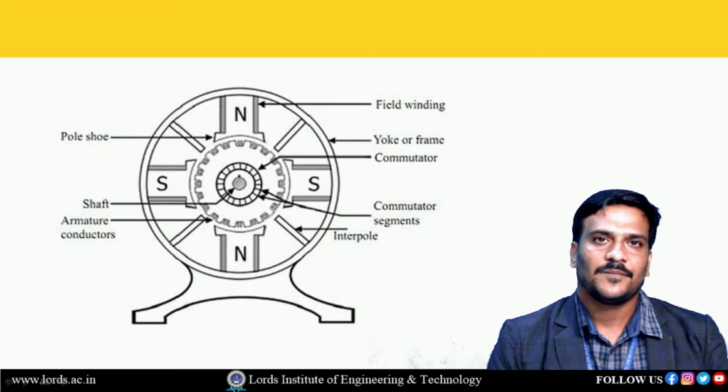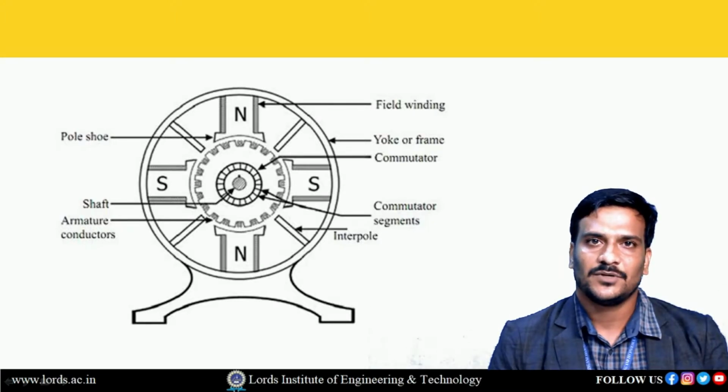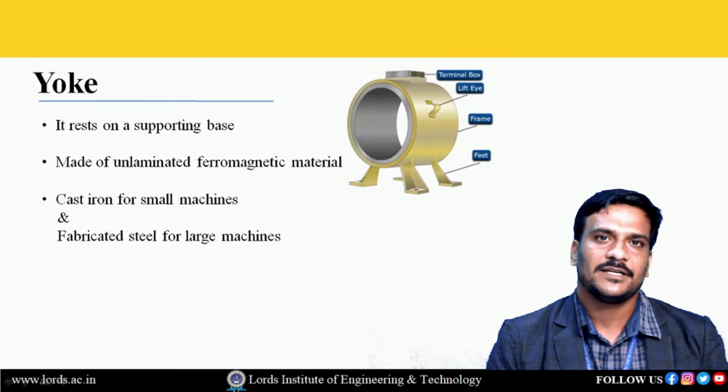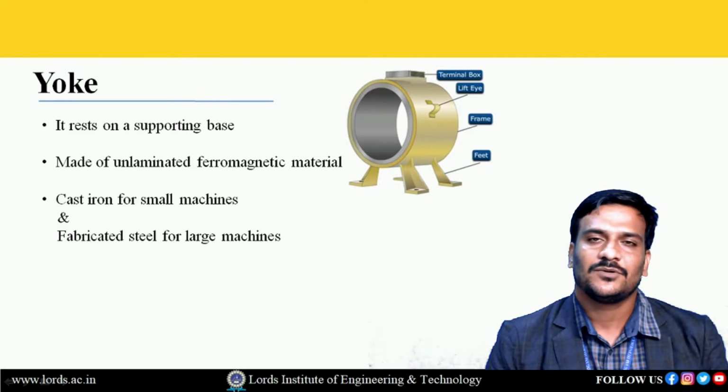Let us see part by part, starting with the yoke, which rests on a supporting base. The main function of the yoke is to provide a low reluctance path for pole flux, and it also provides mechanical support to the entire machine.